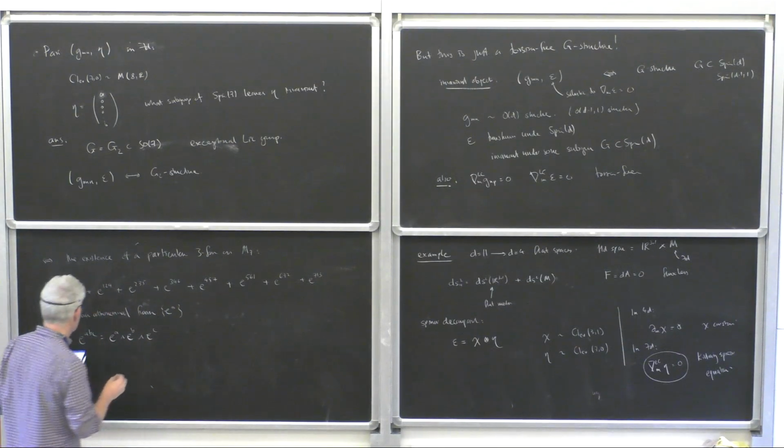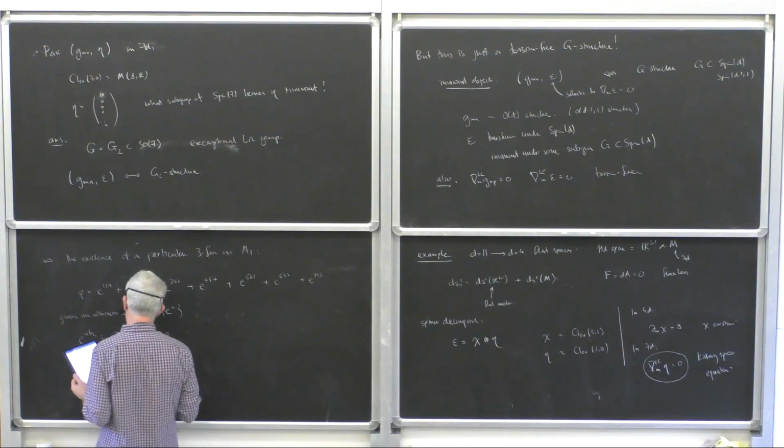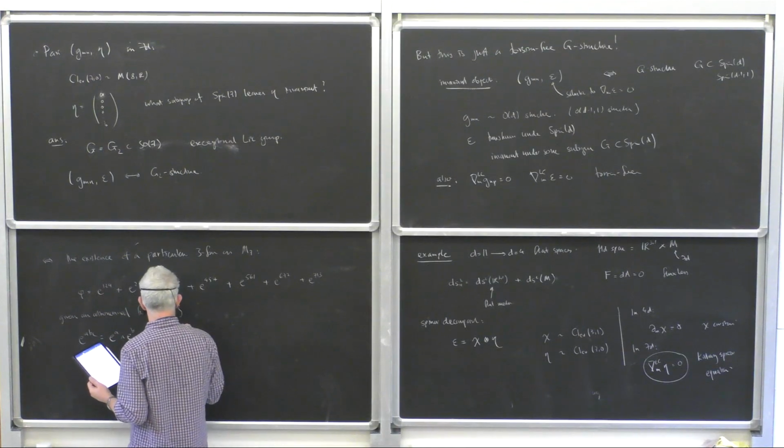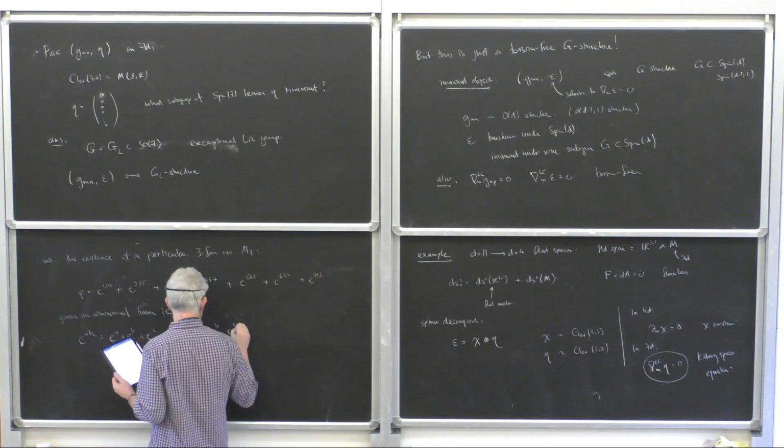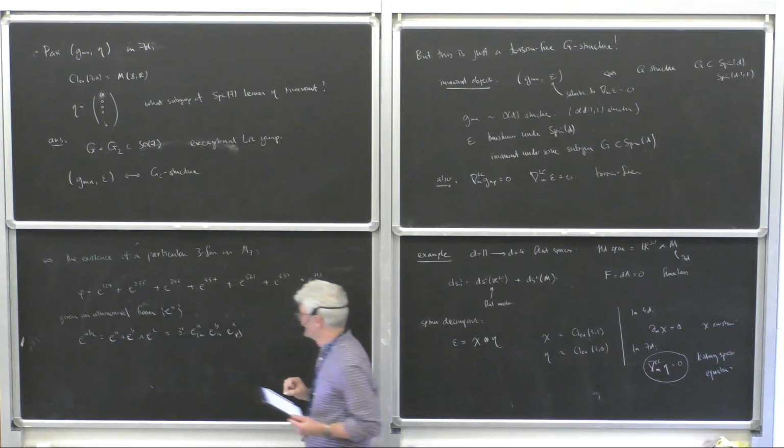Or equivalently, this is just 3 factorial times e^A_M e^B_N e^C_P, antisymmetrized.